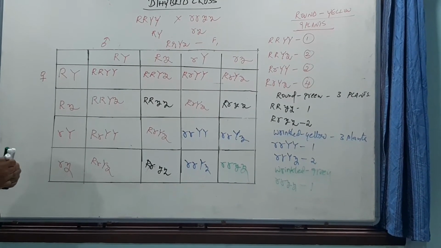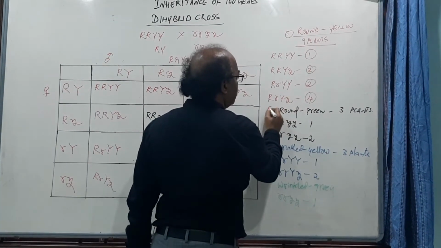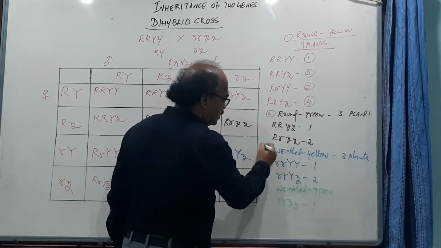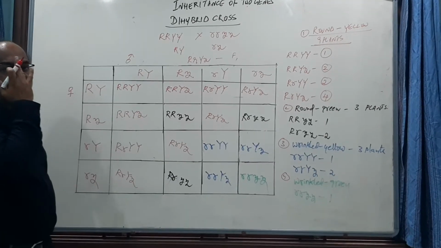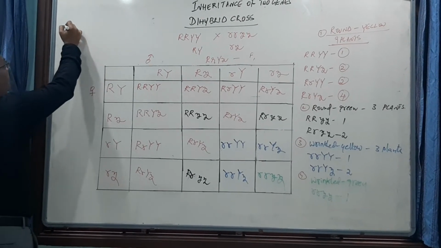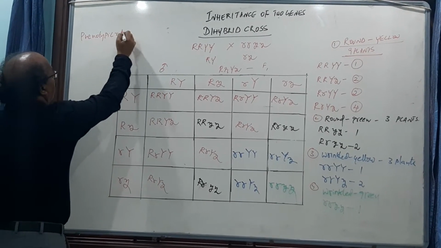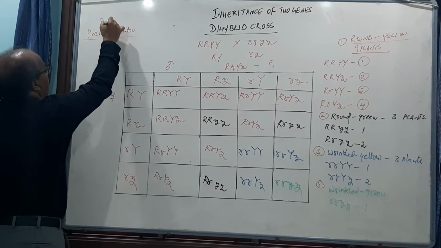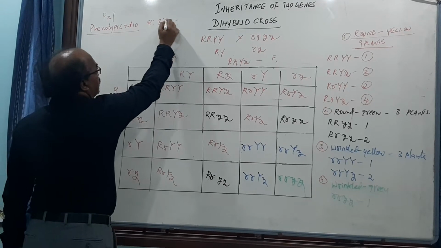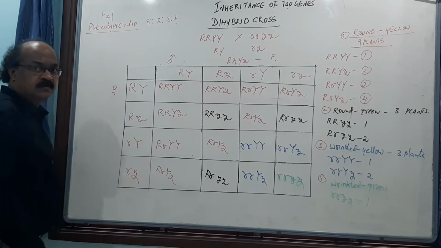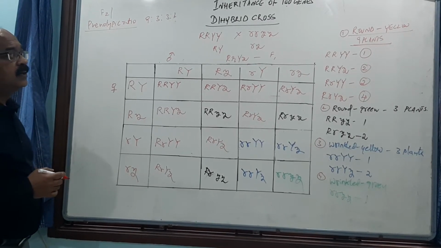So how many phenotypes did you get? Round and yellow, round and green, wrinkled and yellow, wrinkled and green. You got four phenotypes. The dihybrid F2 phenotypic ratio is 9:3:3:1.